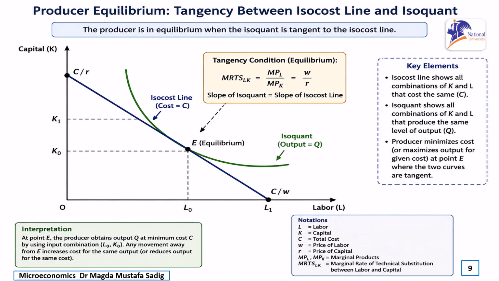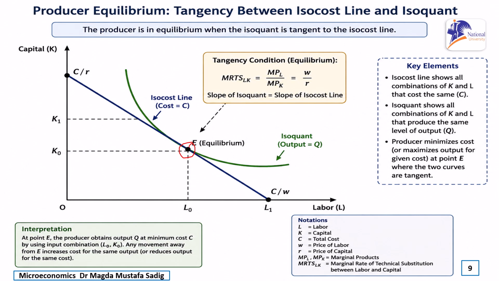The curved line, the green one, is the isoquant. Observe that the two curves touch at exactly one point, point E. They touch here at point E. This is the tangency point. We call it the equilibrium point.